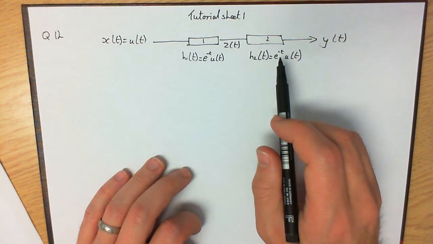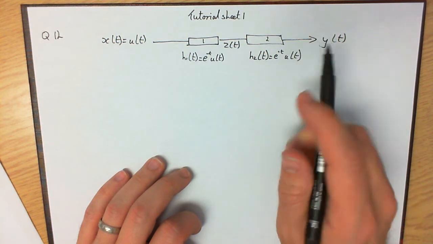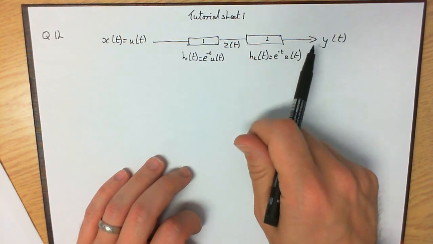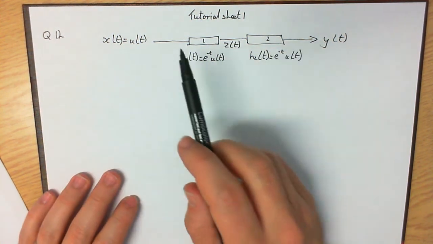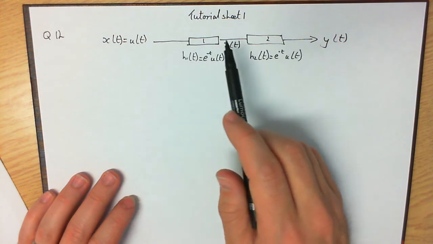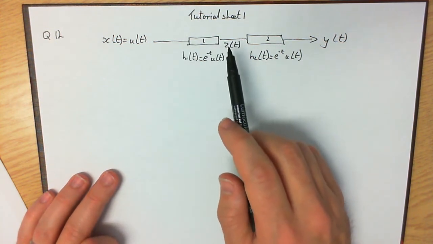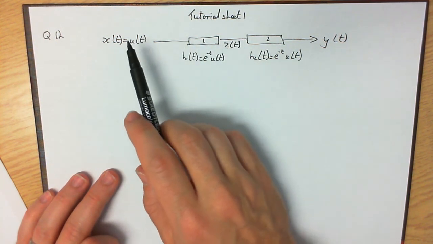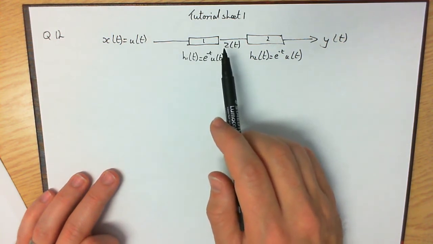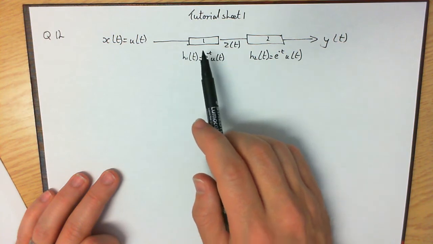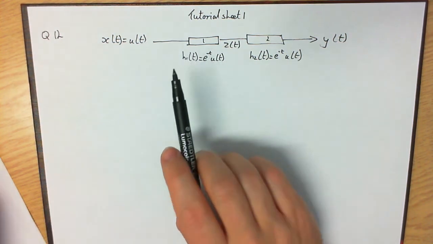This is the same for system 2, and we're asked to work out an equation for the output function y of t. Rather than trying to calculate this all in one step, I'm going to split it up into two steps. So I'm going to have the input function u of t and calculate z of t, first of all, with the first impulse response, h1 of t.